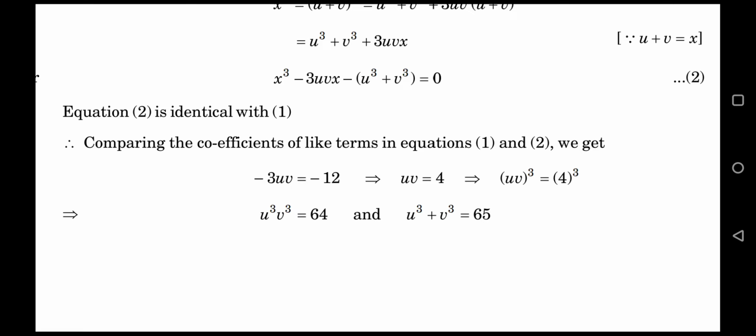Similarly, by comparing the constant term, we get the value of u cube plus v cube. U cube plus v cube value is 65. Equation number 4.